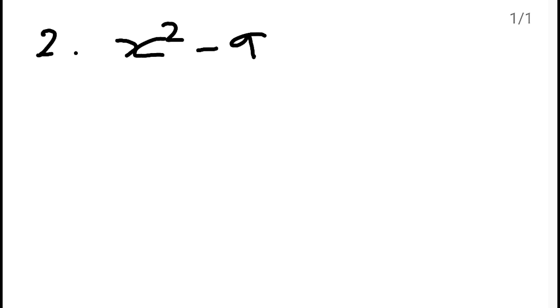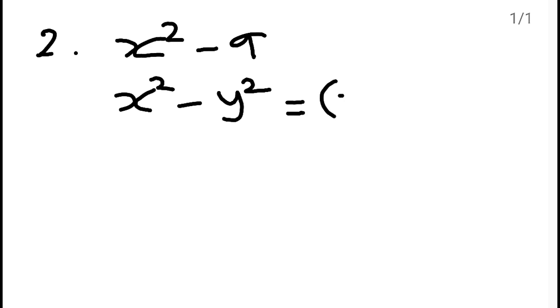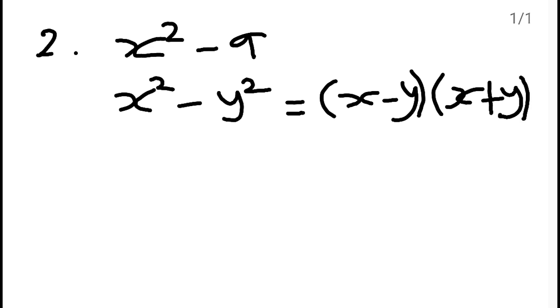So if we want to factorize x squared minus 9, still we must remember that this is a difference of two squares, so we compare with x squared minus y squared, which is the same as x minus y multiplied by x plus y.